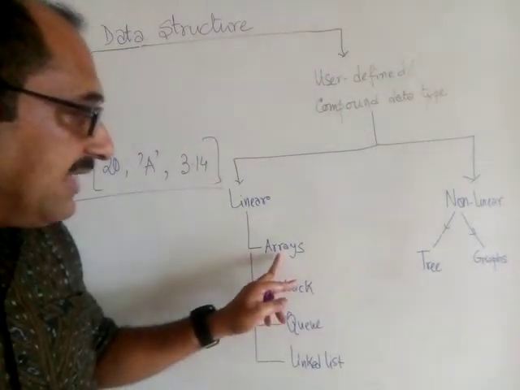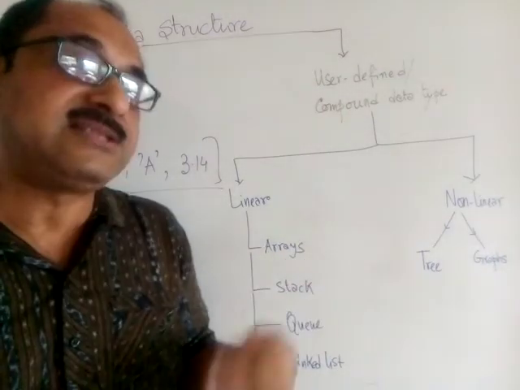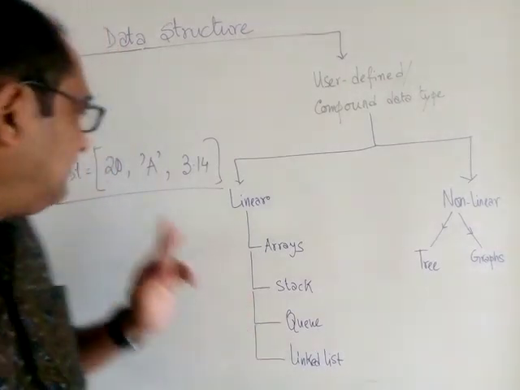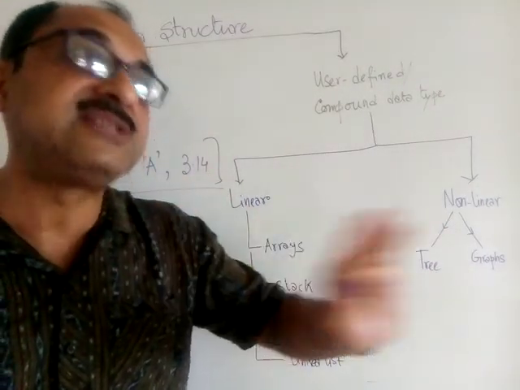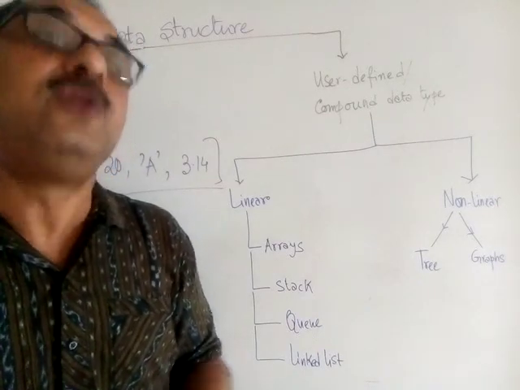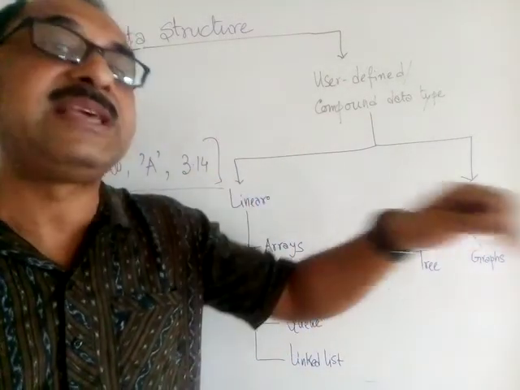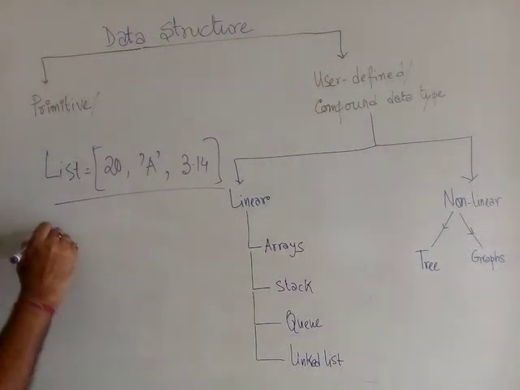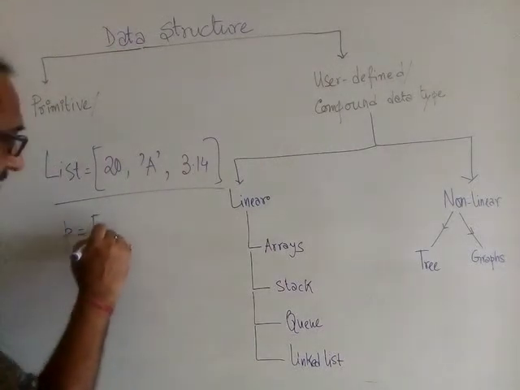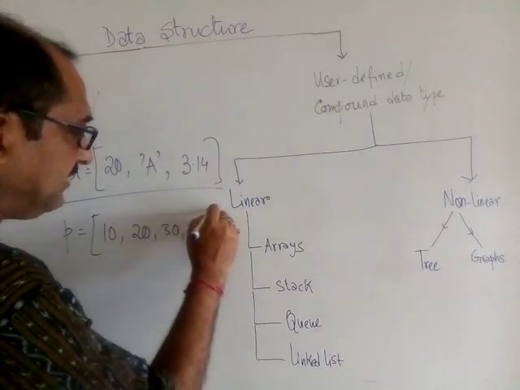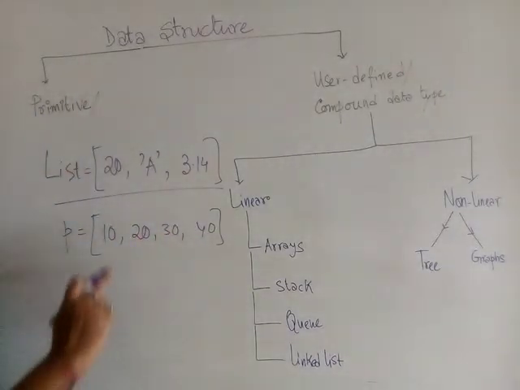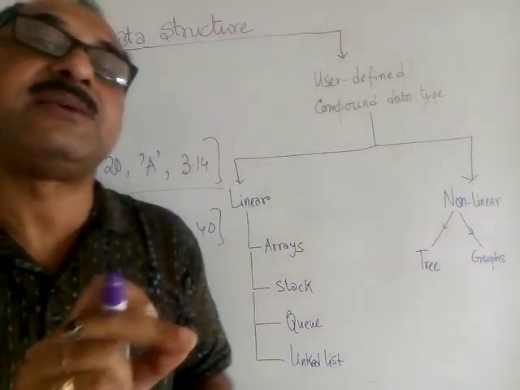But when we talk about arrays, it is a list, but there the data will be all of a similar kind. All will be homogeneous data. That means they will be all of the same type. For example, if I take another list P and write 10, 20, 30, 40, we can see here every element present in the list is of the same type.